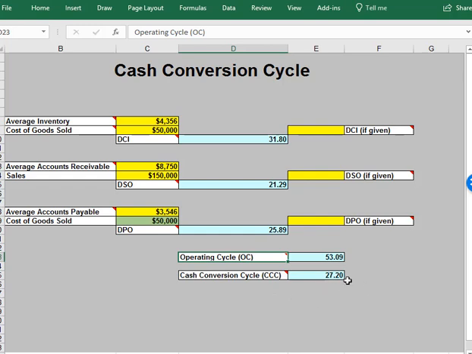Again, if we wanted to think about what would happen if I had other numbers, let's say 40 days is the days carry inventory, then days sales outstanding, let's say that's 35, and in this case, this is 75.